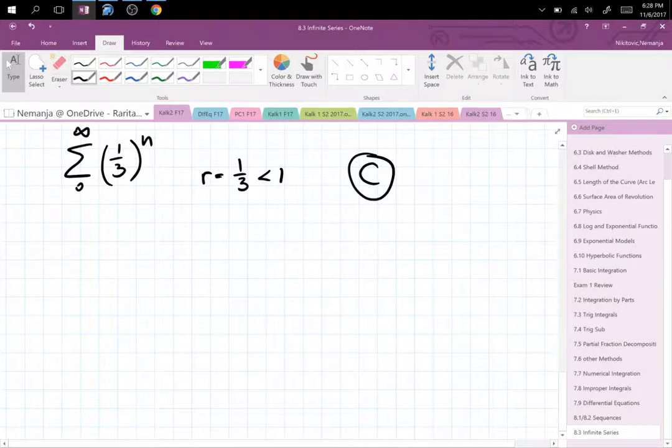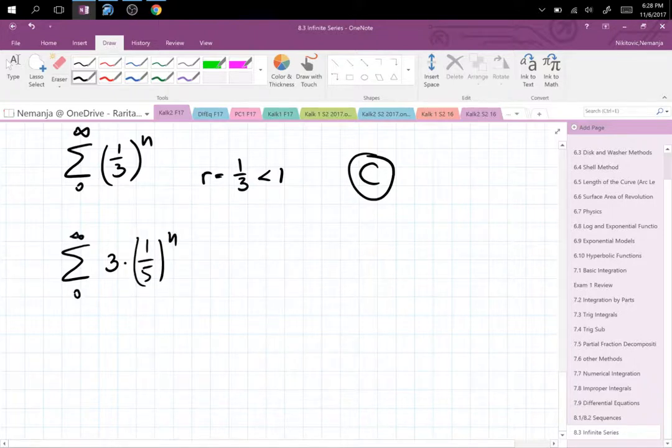Now we also have this value a. So that brings in another level of complexity. So you might have 3 times 1/5 to the n from 0 to infinity. And you would say, well, my r is 1/5, so I ignore that 3.